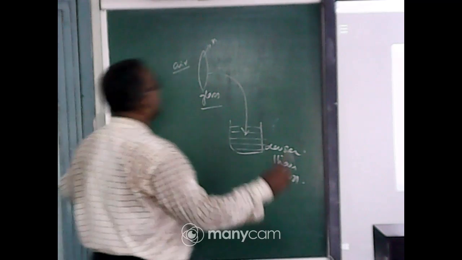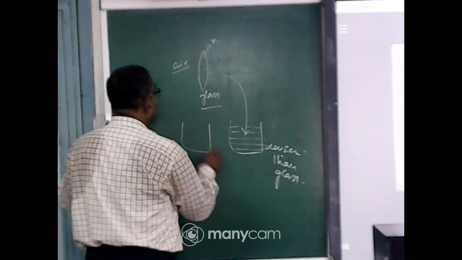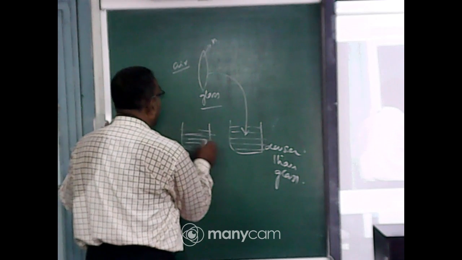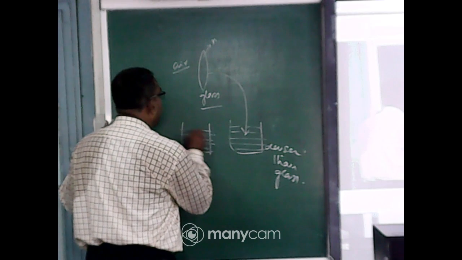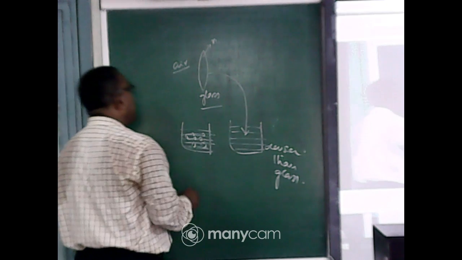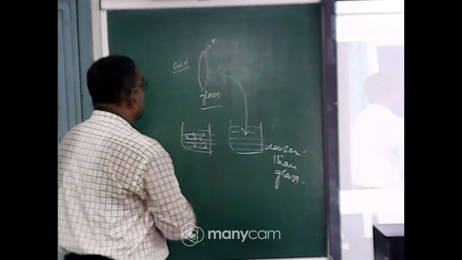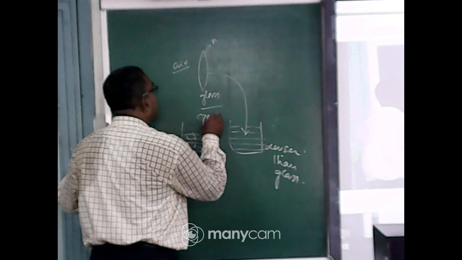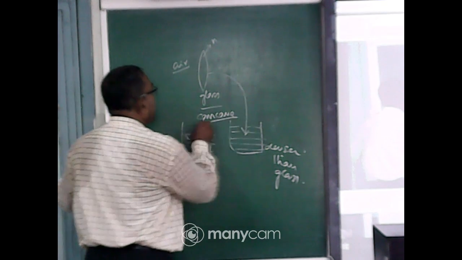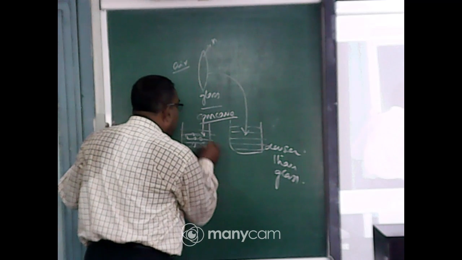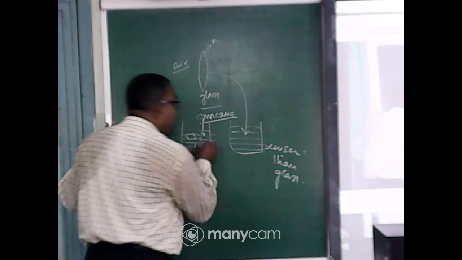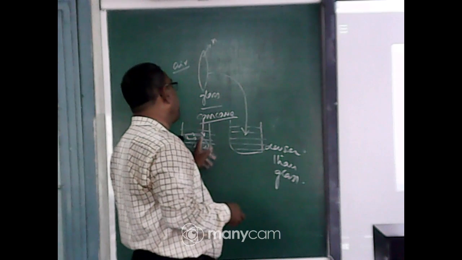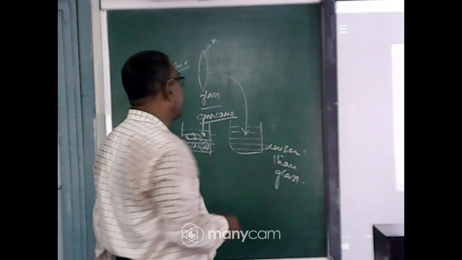Suppose you consider water inside the glass. You see so many air bubbles are there. The shape of the air bubbles is convex, but it behaves like a concave lens because the surrounding medium is denser than the air. So my dear student, it behaves like a concave lens.